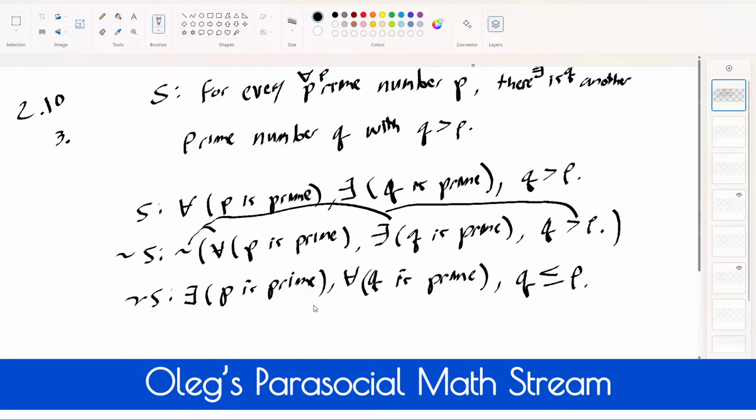Okay, let's see here. There exists a prime number P for which P is greater than or equal to Q for every prime number Q. Yeah, okay, so I answered correctly.